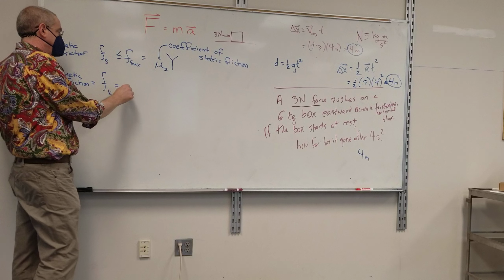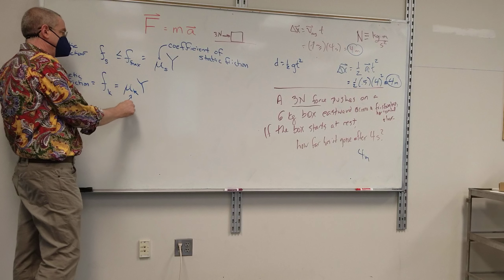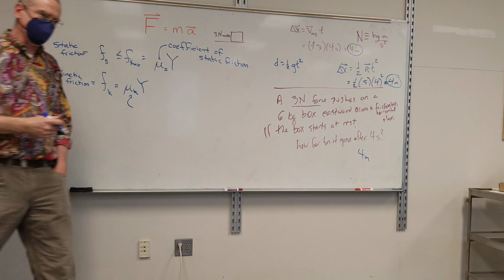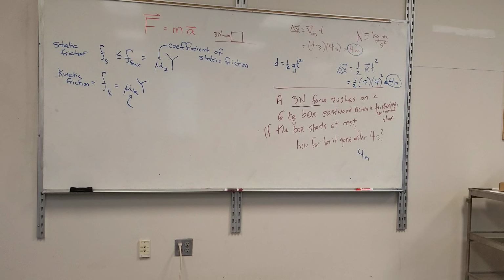Kinetic friction has a nice little formula, mu sub k times N. Actually, somebody tell me what you think mu sub k is. Looking for a different word than mu. But you got the k part. If mu sub s is the coefficient of static friction, mu sub k is? Yes.